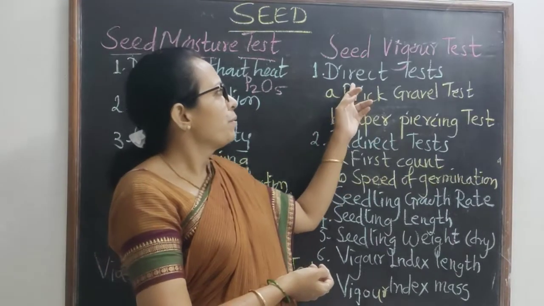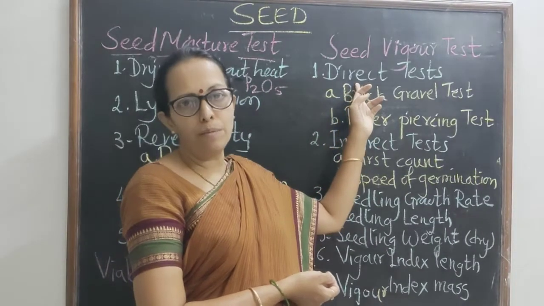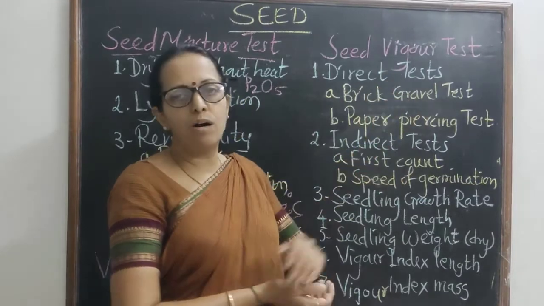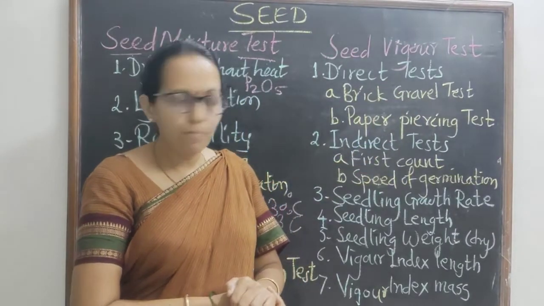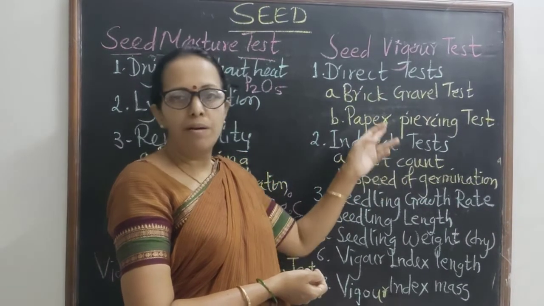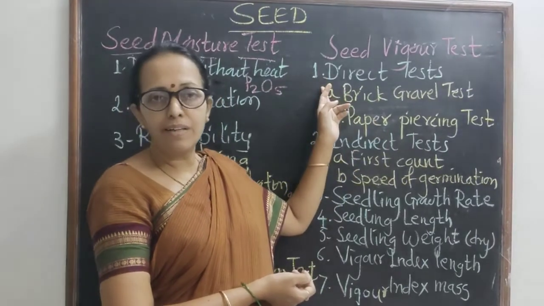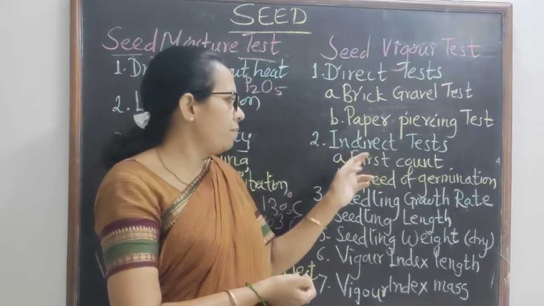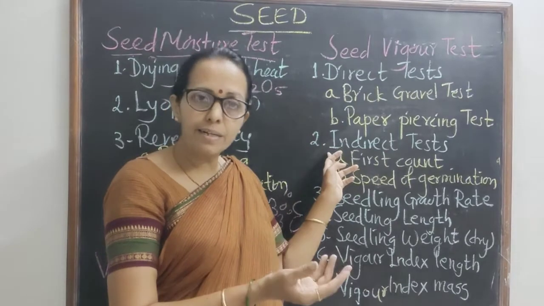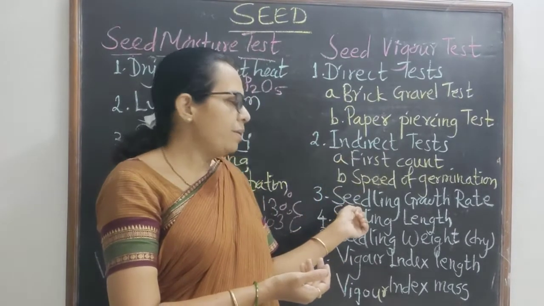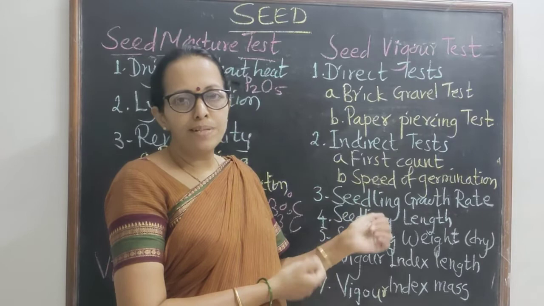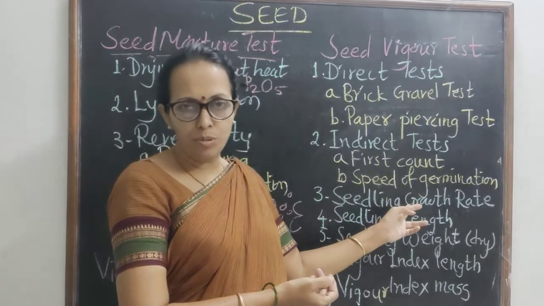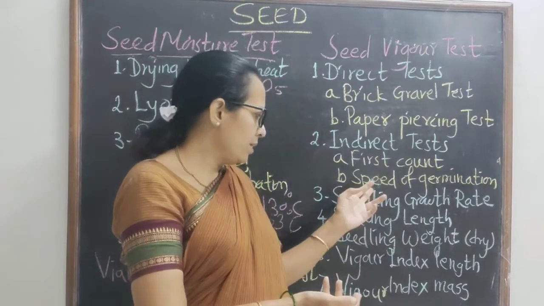So here we are going to determine the vigor of the seeds by different methods, where some are direct tests. We can even go for indirect tests, and seedling growth can also be used to determine this.